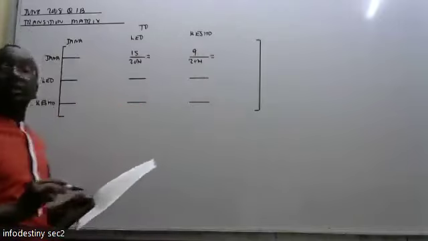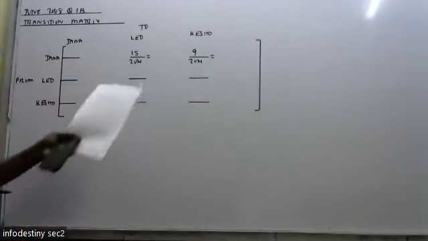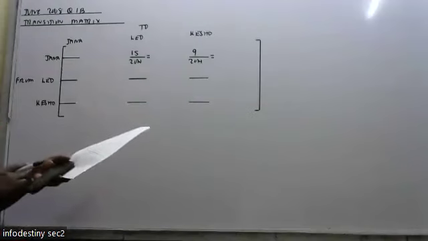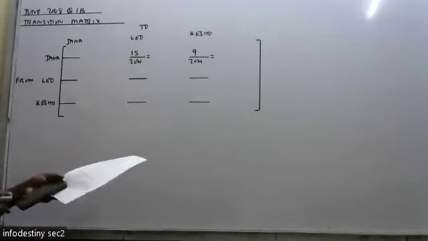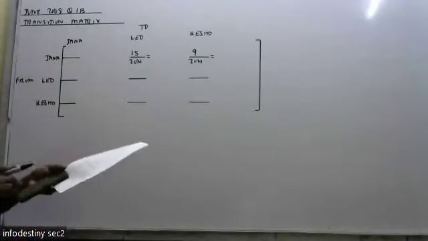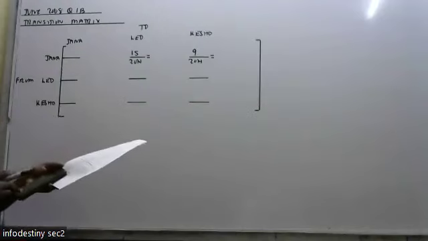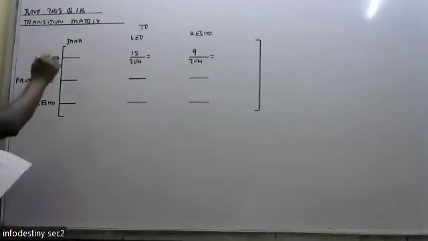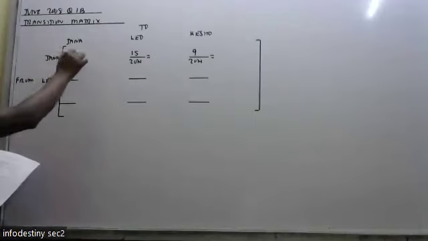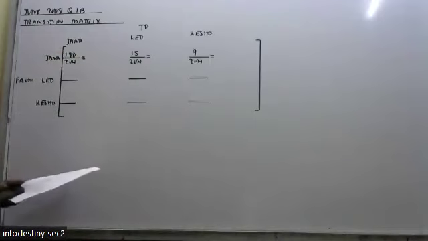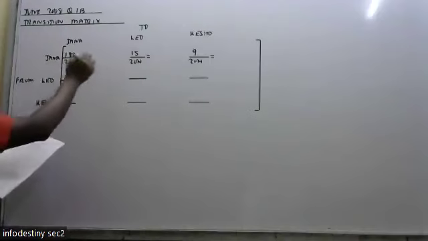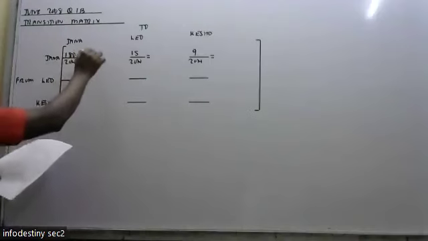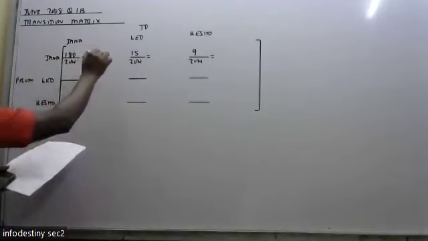So the argument goes like this. If we had begun with 204, we lost 15, and we lost 9. We must have retained what? 180 out of 204. Now 180 divided by 204, you will get 0.882.